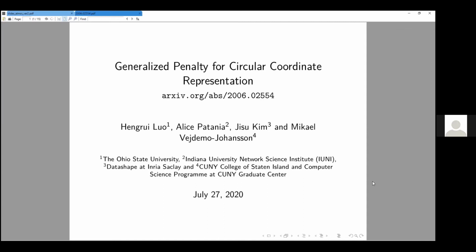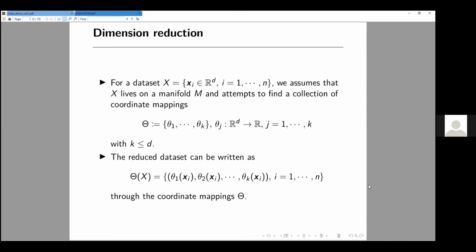So let's start. Our research is motivated by the dimension reduction problem, which is trying to reduce the dimension of a data set.